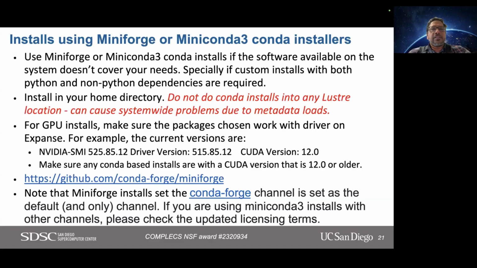So you can do installs using Miniforge or Miniconda installers. One thing to keep in mind with conda installs is they do have a lot of small files, and they unfortunately put all of them in the path check when you initialize things. So it's a really bad idea to put this in Lustre, because the Lustre file system doesn't do very well with metadata loads. So install it in your home directory.